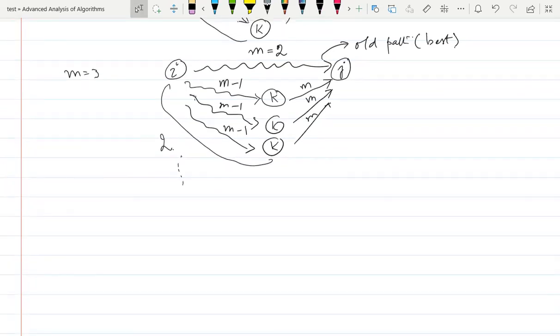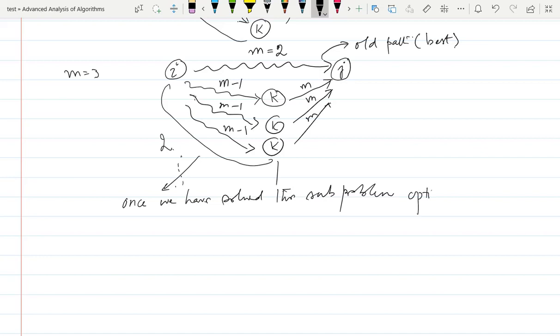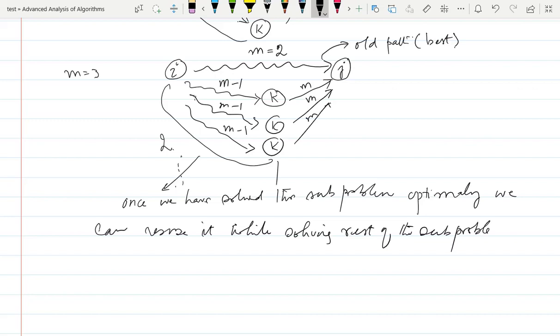So all we are trying to do is remember that once we have solved this subproblem optimally, we can reuse it while solving the rest of the subproblems.